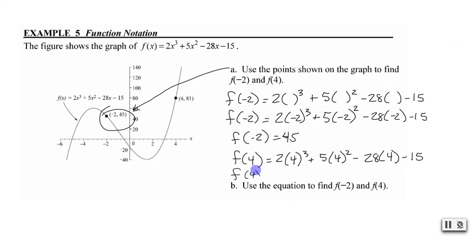So f of 4 is 81. Remember, we said these points can be seen here, the input and the output. So negative 2, 45, 4, 81. So you see it both just by looking at the graph and using the equation to find those values.